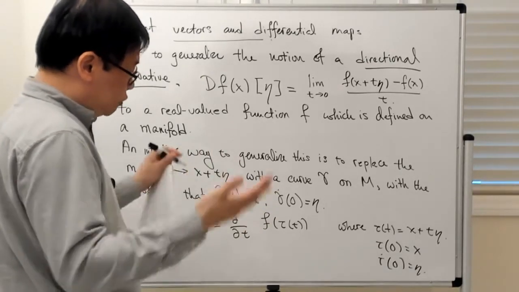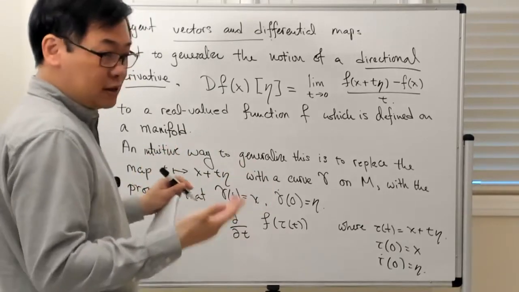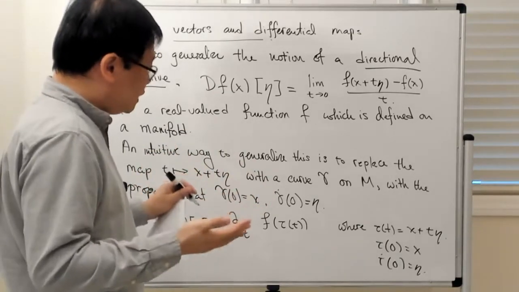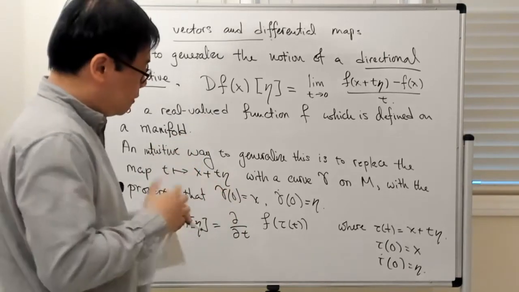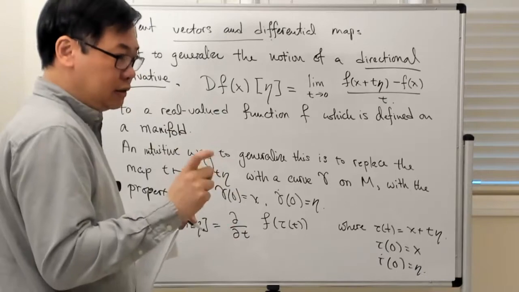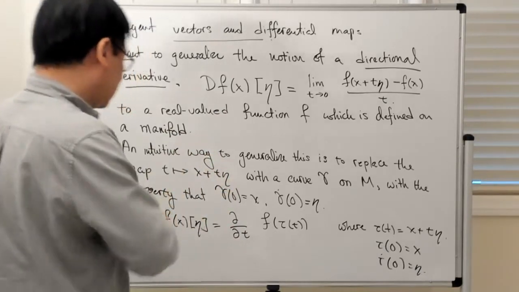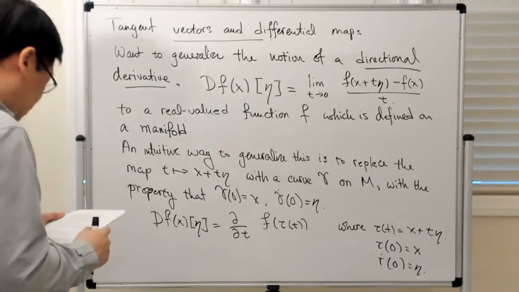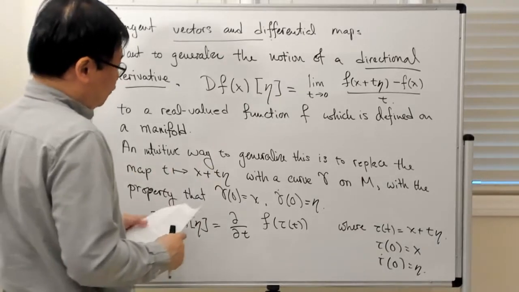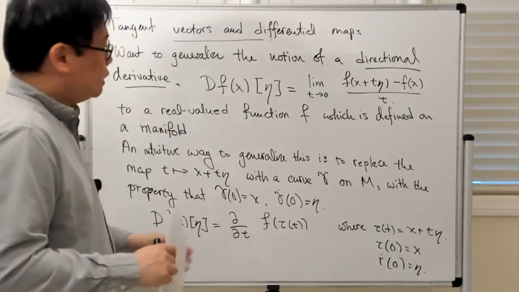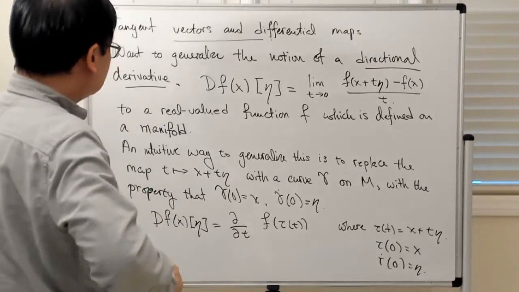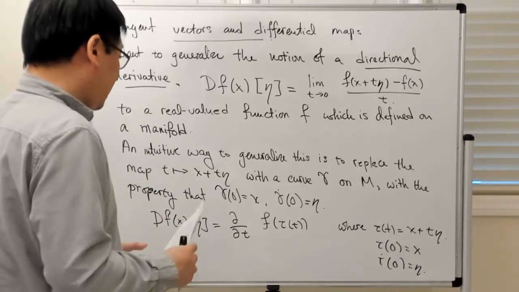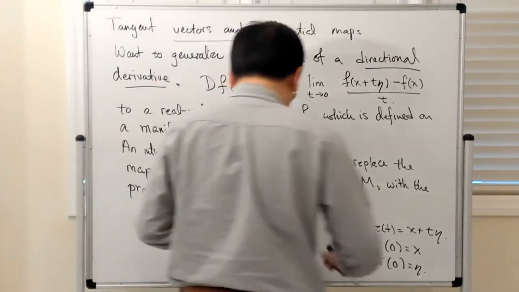And of course, there's more than one possible curve which satisfies that property. So we're going to identify all those curves which have those properties as being an equivalence class, to the tangent vectors. Okay, so that's looking forward to how you can abstract the notion of a tangent vector and more generally tangent spaces to the setting of manifolds.